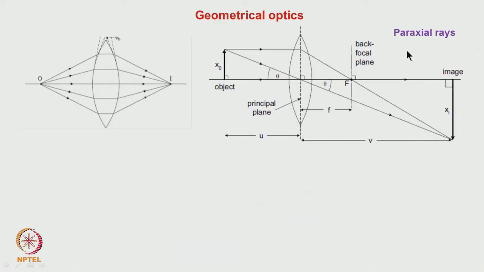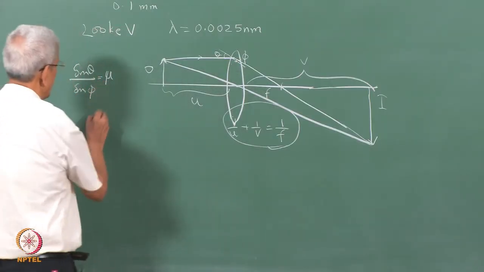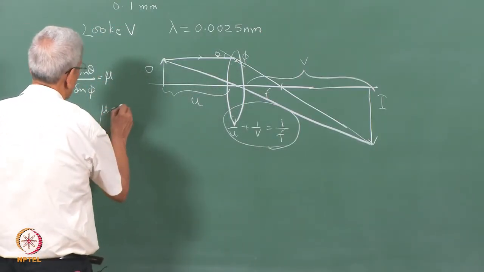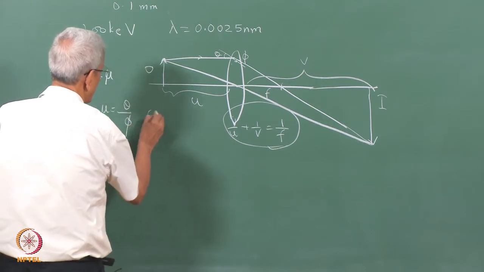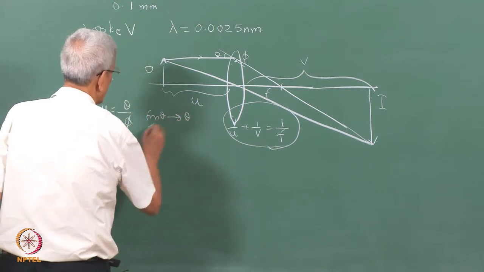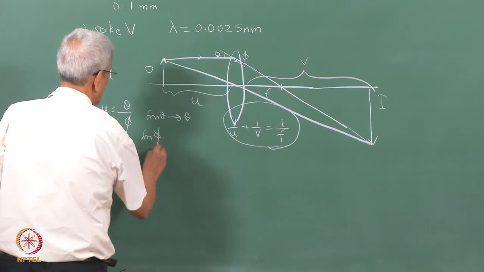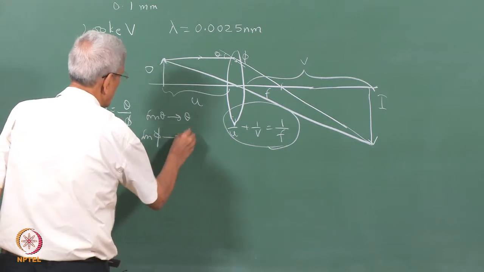What are paraxial rays? Paraxial rays are the rays for which the values of theta and phi become so small that mu can be written as theta by phi. That is, sin theta can be approximated to theta and sin phi can be approximated to phi.